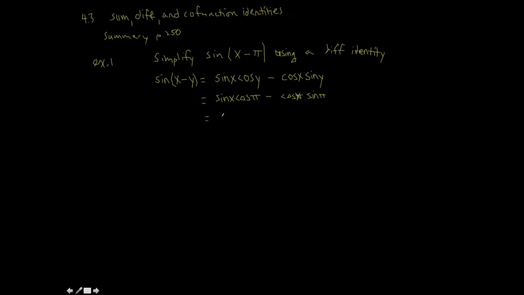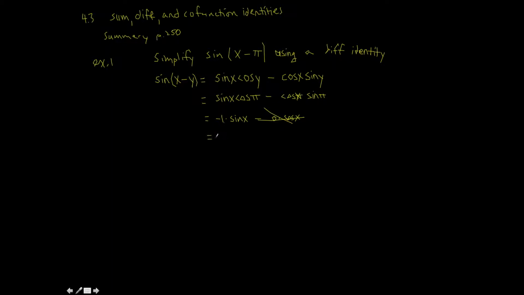Alright, so what is the cosine of pi? Well, the cosine of pi we know, that is -1. So that's -1 times the sine of x. Alright, well, what is the sine of pi? We also know that as well. That is 0. So that's 0 times the cosine of x. Alright, well, that's going to cancel out because 0 times cosine is 0, so it's not really going to matter to our problem.